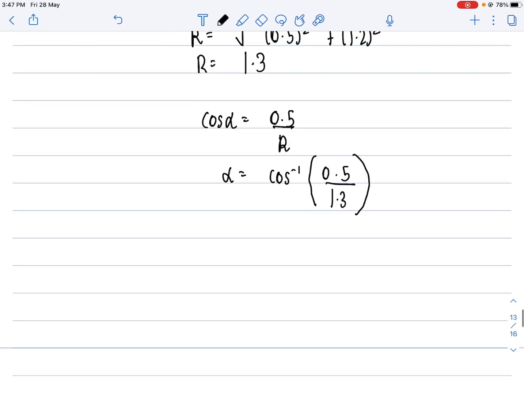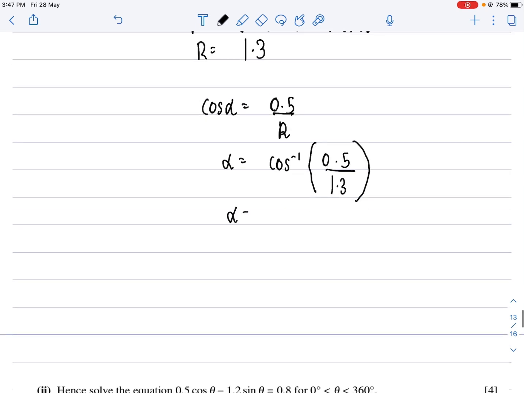When you solve this, you get alpha as 67.4 degrees. So now I can write this in the form 1.3 cos(theta plus 67.4 degrees), which is the final answer of part 1.